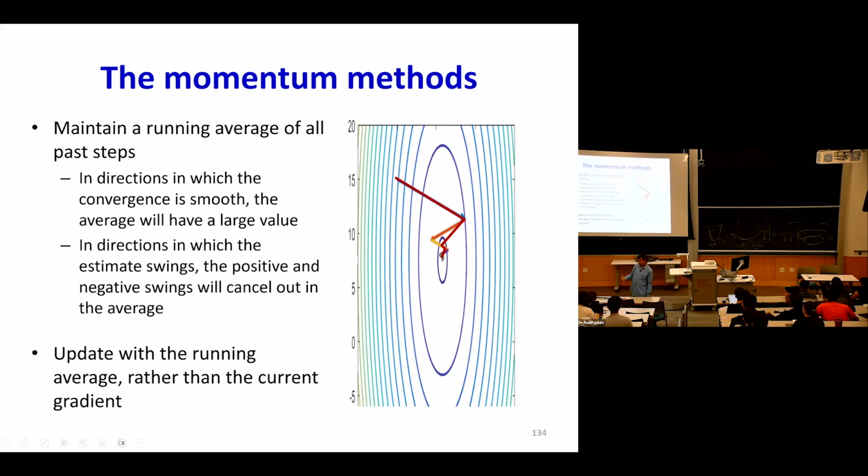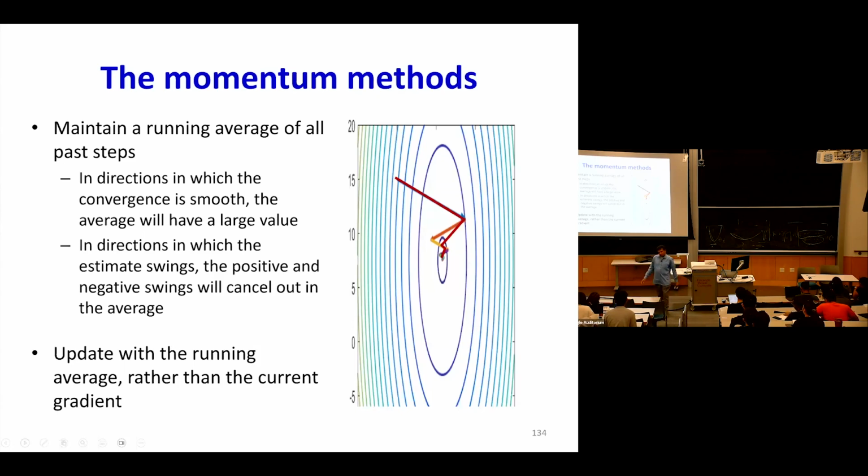Can I couple this and write this as a single formula? RProp was only looking at the sign of the derivative. Can we do RProp while we also consider the magnitude of the derivative? The way we will do it is to use a running average of the derivative in each direction. You want to maintain a running average of all the past steps.